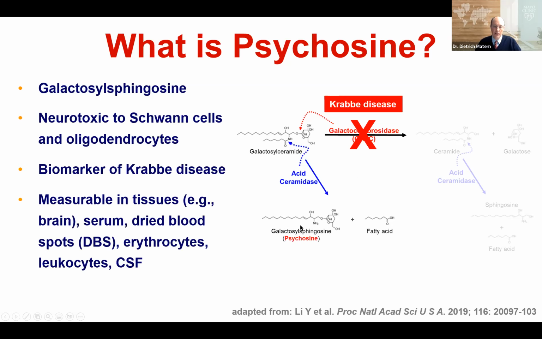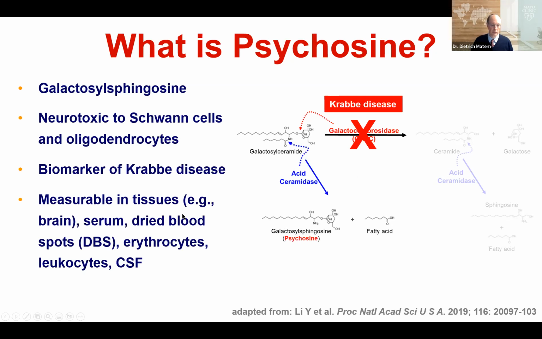And psychosine has been shown to be neurotoxic to Schwann cells and oligodendrocytes, explaining a lot of the pathophysiology and the symptoms that are seen in patients. Apparently, we think it's a biomarker of Krabbe disease, and I think it is, and it's measurable in all kinds of tissues.